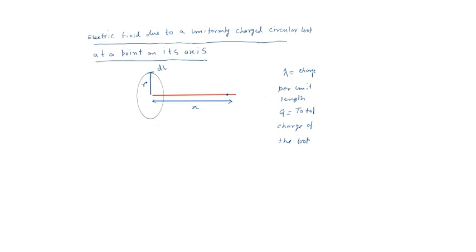So if we want to find the electric field due to this small elemental length, this field will act in this direction like this, and the distance it will have from the point will be this.